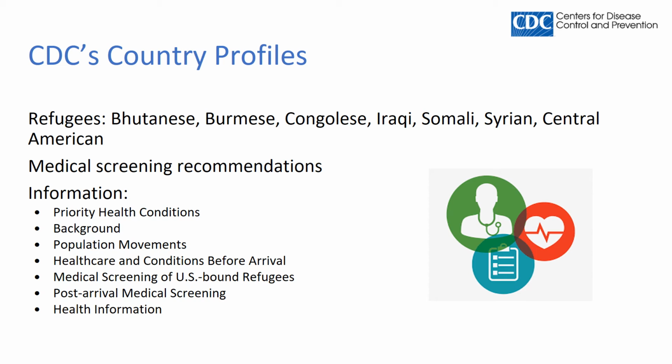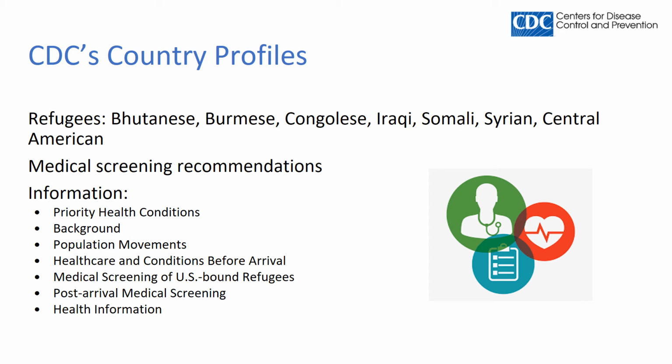To aid in your care of immigrant and refugee populations, the CDC has refugee country profiles, and the UNHCR also has helpful background information. In the Immigrant, Refugee, and Migrant Health Resources section of the CDC's website, there are refugee health profiles for Bhutanese, Burmese, Congolese, Iraqi, Somali, Syrian, and Central American refugees.